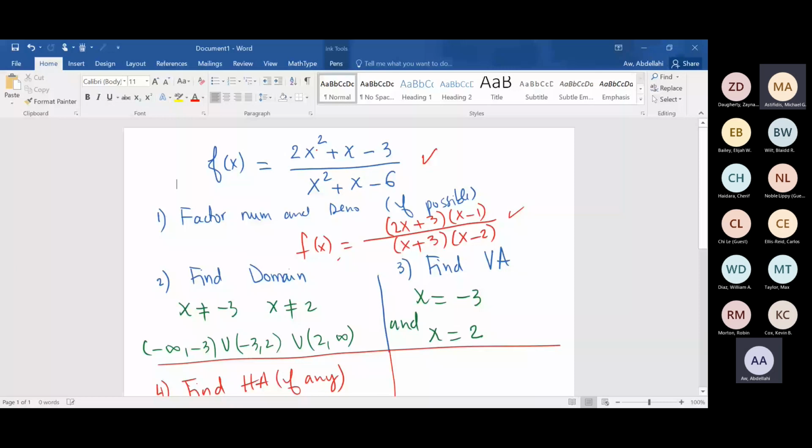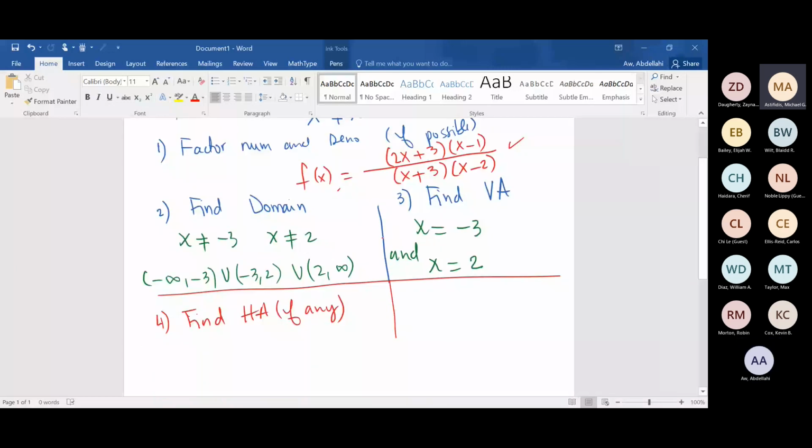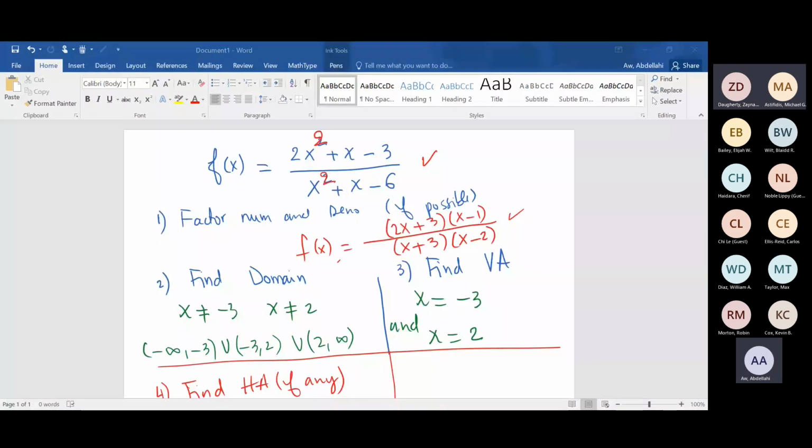Now you go back to your notes and look at what you said. When the degrees are the same, do we have a horizontal asymptote? Do we have a horizontal asymptote if the degrees are the same? I don't remember. You don't remember? Okay, somebody is opening the notes.